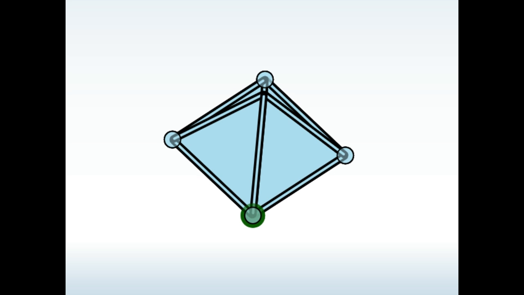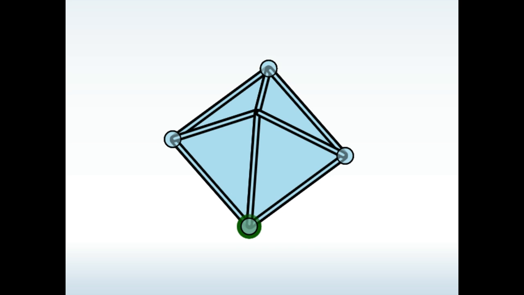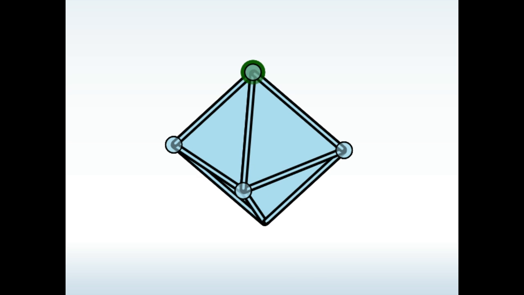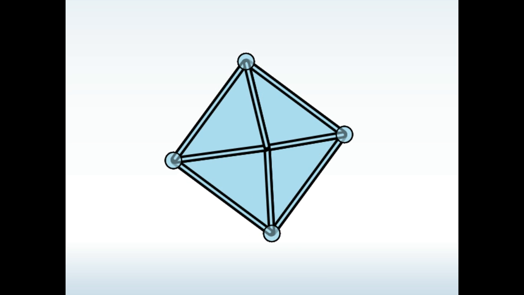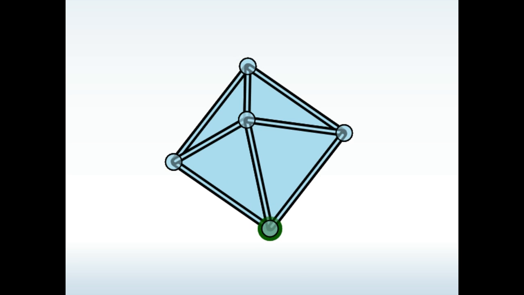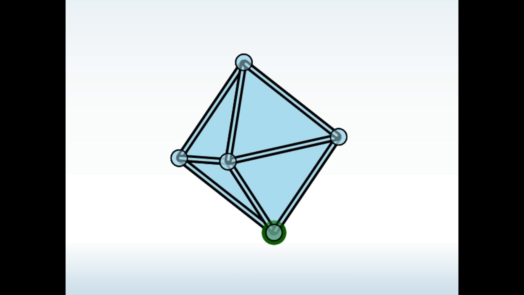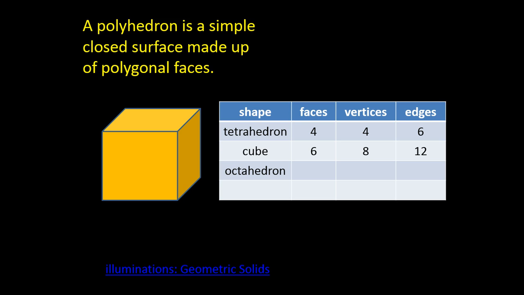Here's 1 more at the top, and 1 more at the bottom. So that was 4 around the middle, 1 at the top, 1 at the bottom. That's 6 vertices in all. Adding that to the table, we have 8 faces, 6 vertices, and 12 edges for the octahedron.